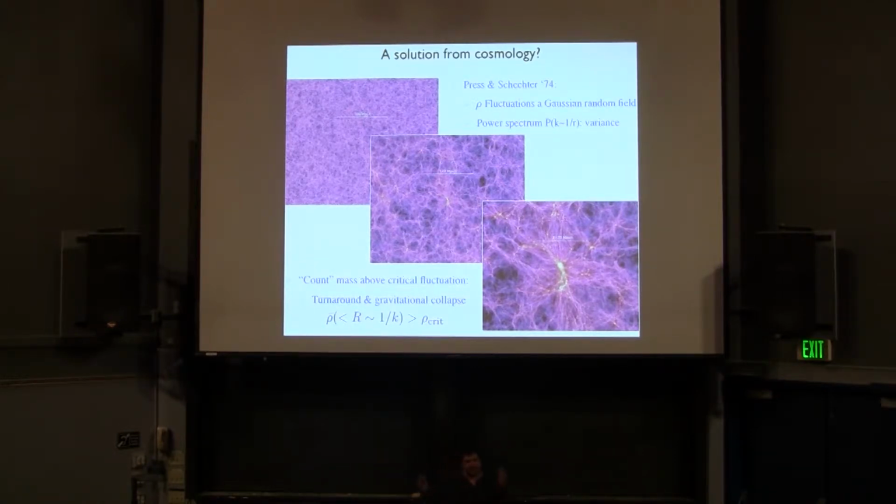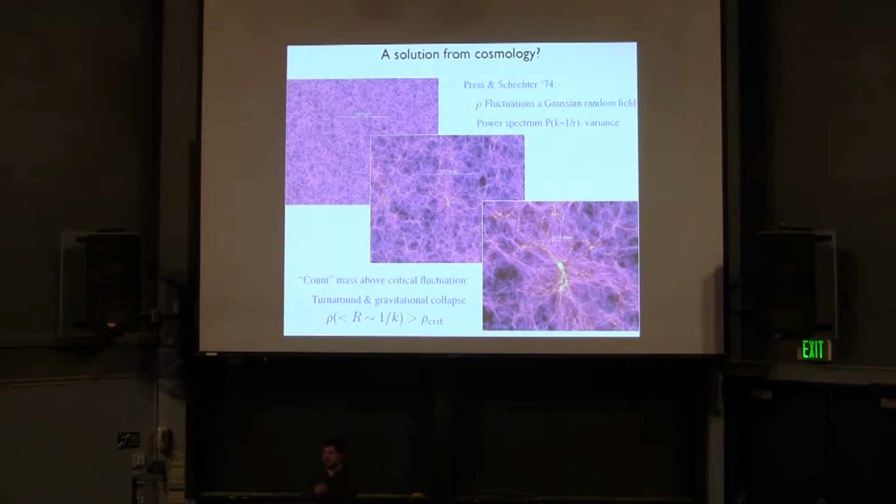It tells you that if you plunk random spheres down of a given size on the initial matter field, what's going to be the variance in the density that you measure in those spheres. So you can estimate what that variance is. And then you can also do a very simple calculation that says if the density in this initial sphere is bigger than some critical value, then by today it will have had strong enough gravity that it'll detach from the Hubble flow, turn around, and collapse.